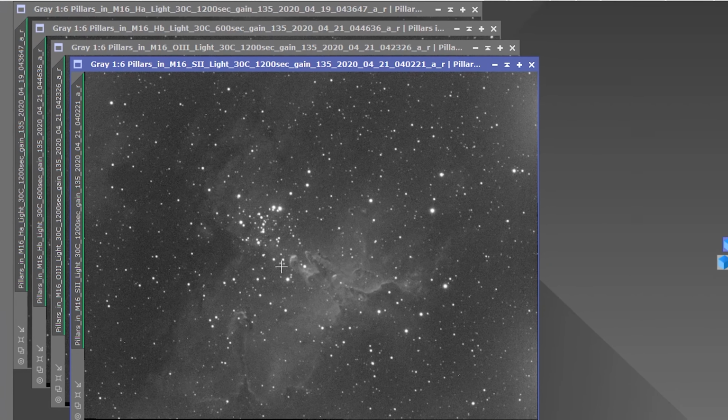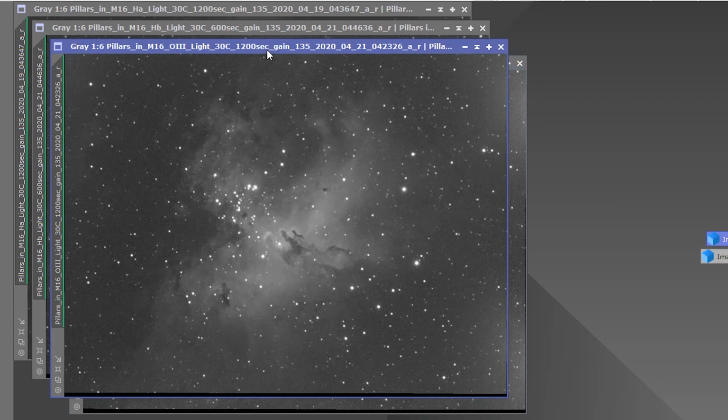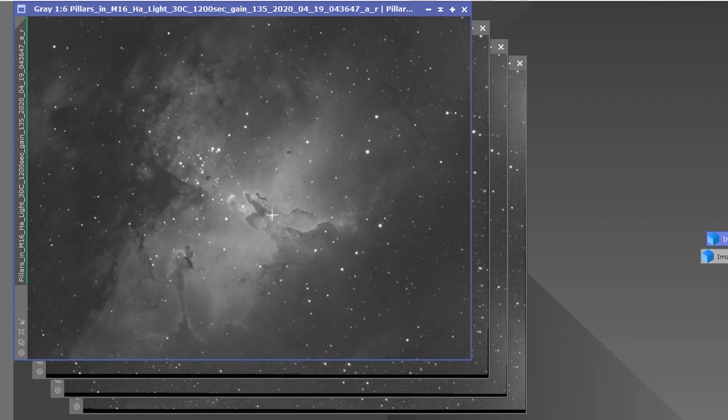In S2, we can kind of see the pillars right in here. In O3, they're more predominant. Hydrogen-Beta is a little fainter, and in hydrogen alpha, much more clear.